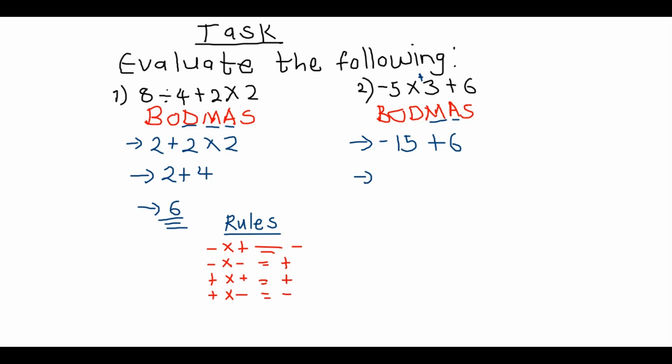So if we have different signs, positive and negative, it gives us a negative. But if we have the same signs, whether negative or positive, they always give us a positive. Those are the rules we use. So negative multiplied by positive gives us negative.